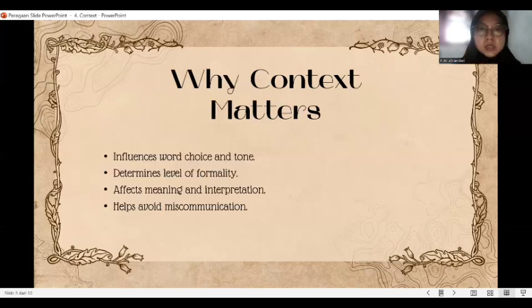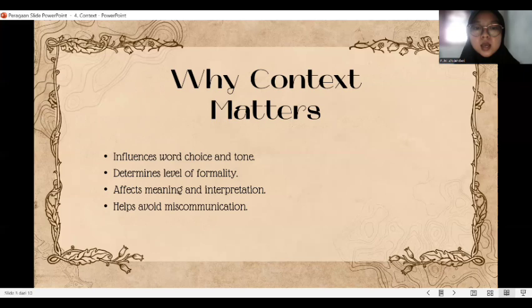Why context matters. The first is it influences word choice and tone. For example, informal versus casual vocabulary. The second is it determines the level of formality. For example, using sir or bro.